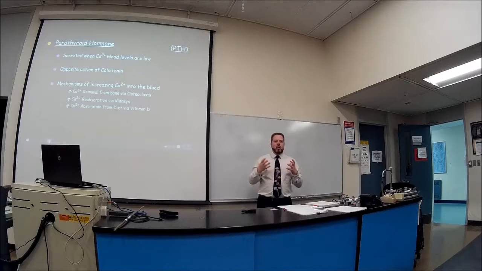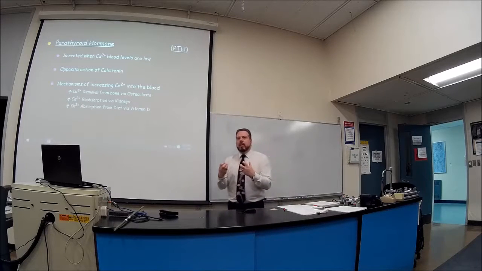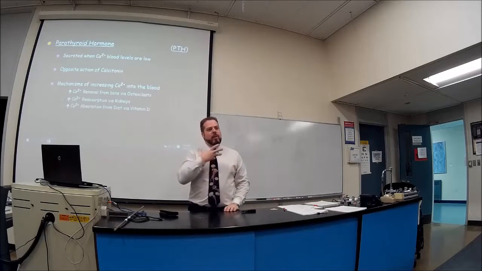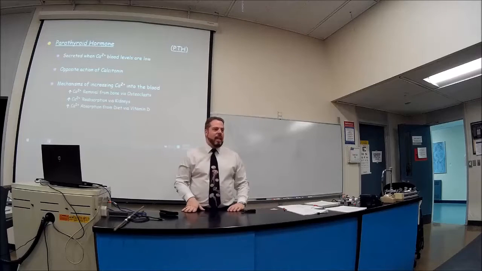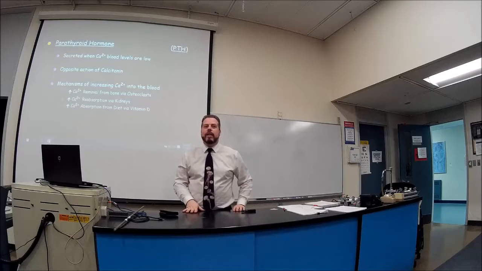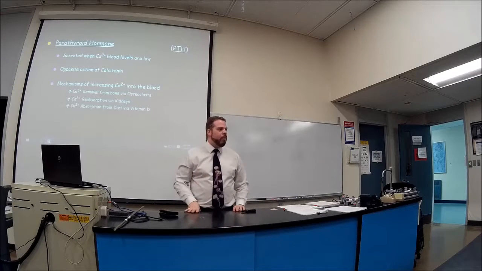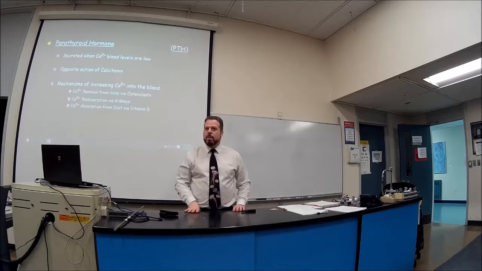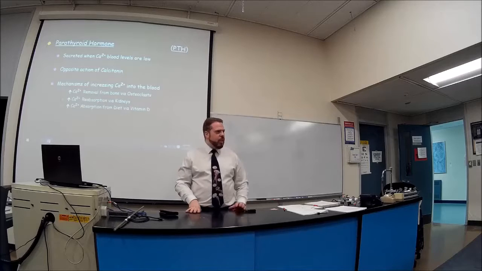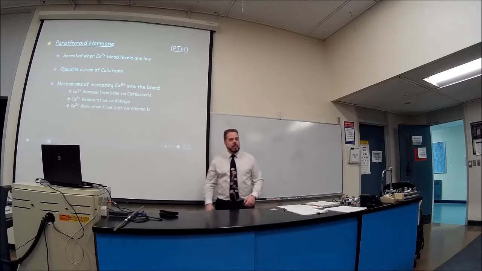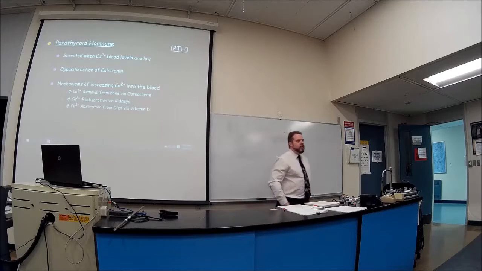But if they're so encased by this tumor, then chances are when they remove the thyroid, they also remove some of the parathyroid glands. And that's going to affect the calcium. Does that make sense? You should understand that concept. It's not uncommon for that to happen. We just don't have any control over where cancer goes.